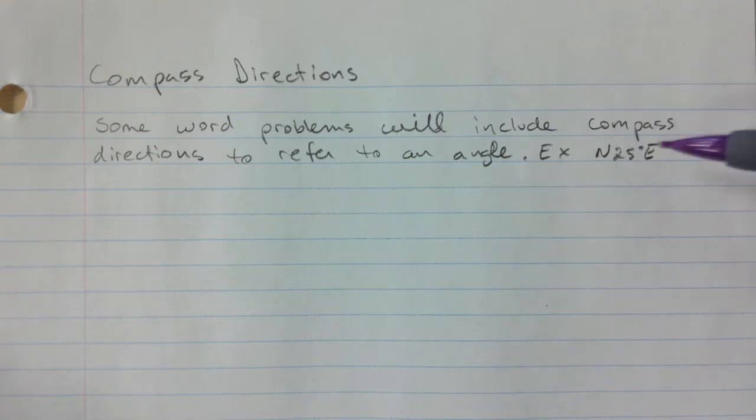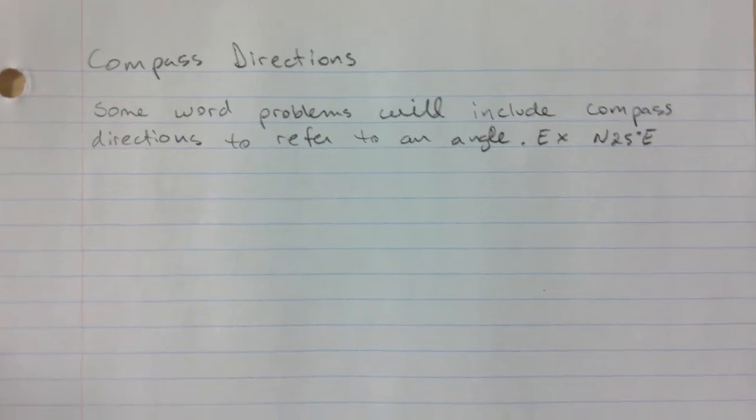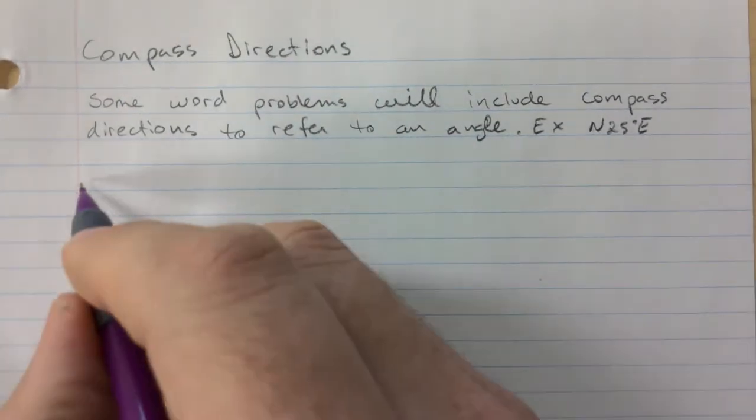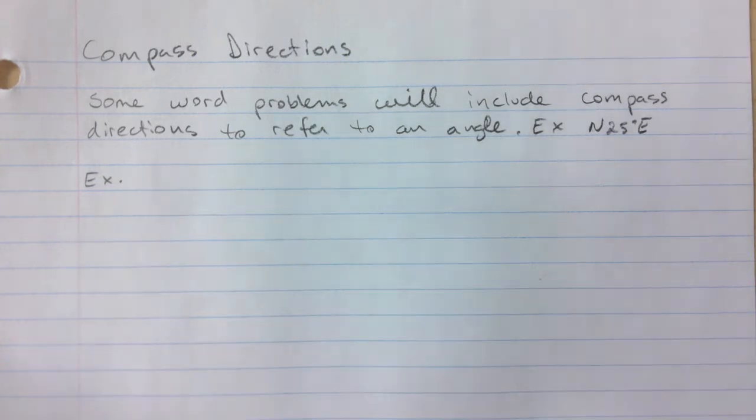They say, travel north 25 degrees east. What does that mean? That's what we're going to talk about today. We're going to do a bunch of examples.